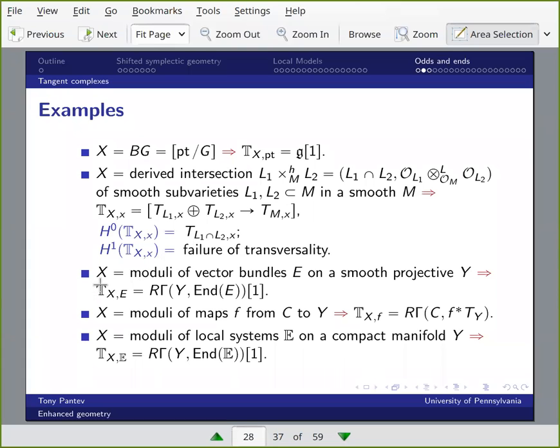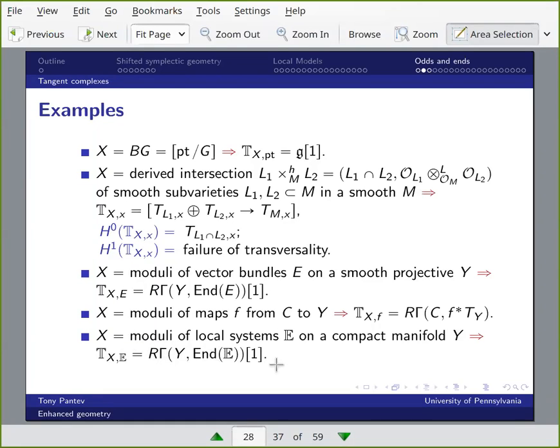And for instance, if you take X to be the moduli of vector bundles on a smooth projective variety, then the tangent complex is just the cochain algebra of the endomorphism bundle with a homological shift. The same thing works if you're doing local systems, locally constant sheaves on a compact manifold.